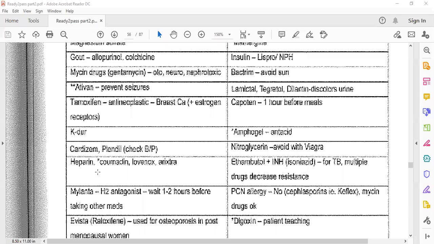So if I ask, what food should you avoid if you are on a blood thinner? So 5 things you have to avoid if you are taking a blood thinner.